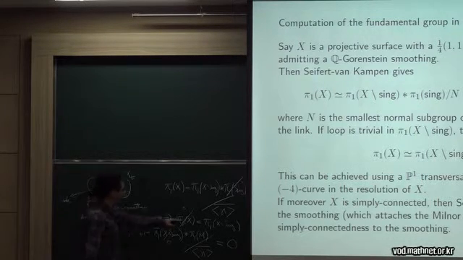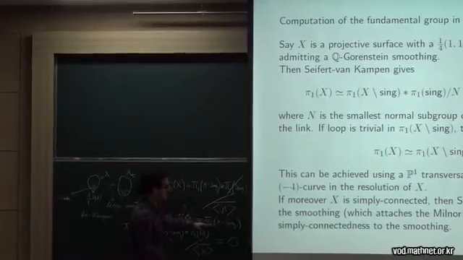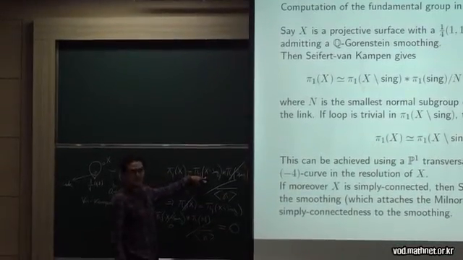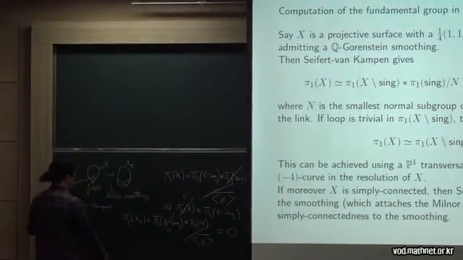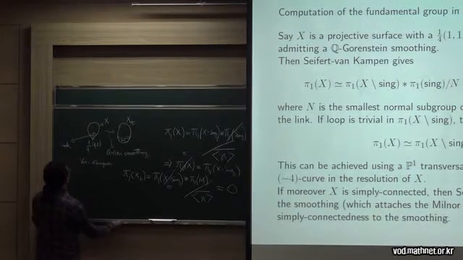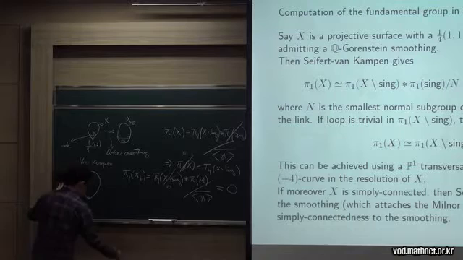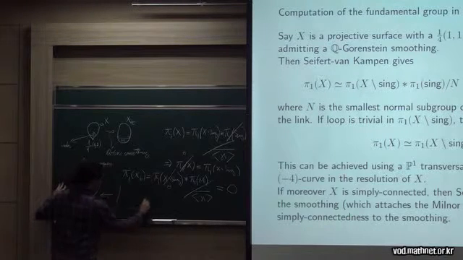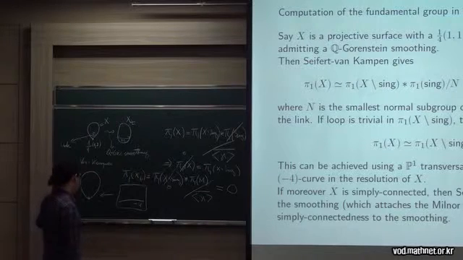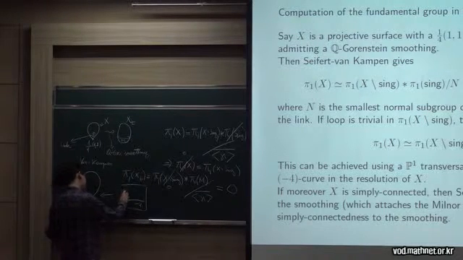Now, how do you realize that this loop is actually trivial in this complement? So you have to find a situation like this. Let me take the minimal resolution. Here you have the -4 curve. And say you can find a P1 that is intersecting transversally this -4 curve.